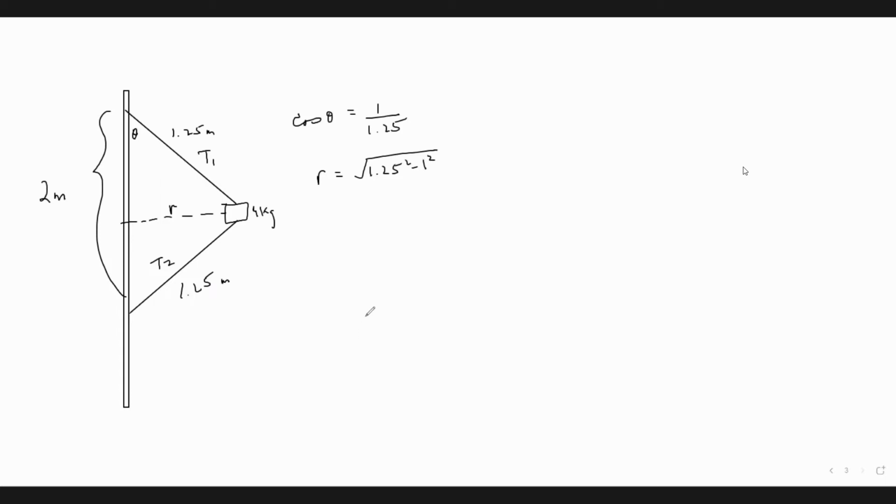Okay, so let's do a free body diagram for M. We have mg. We have tension T2 at this angle theta.